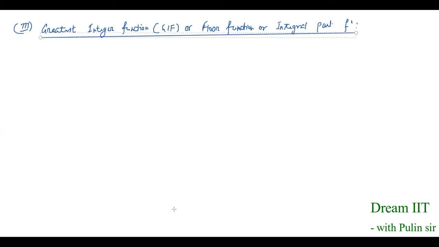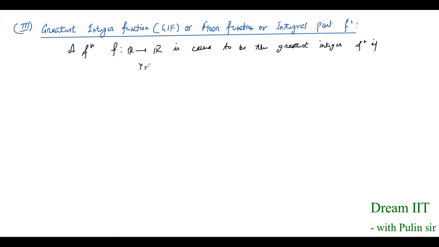What it is, just let me write the definition. A function f from R to R is said to be the greatest integer function if y equals f(x) is equal to this box.